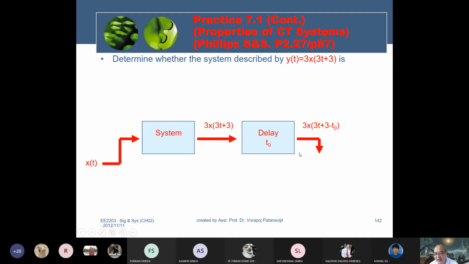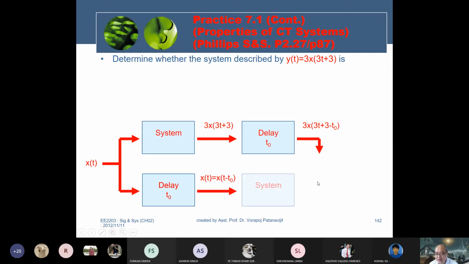The next one is to determine whether the system is time invariant or not. We can check by processing first and shifting later, or shifting first and processing later. If the results are equal, the system is time invariant.